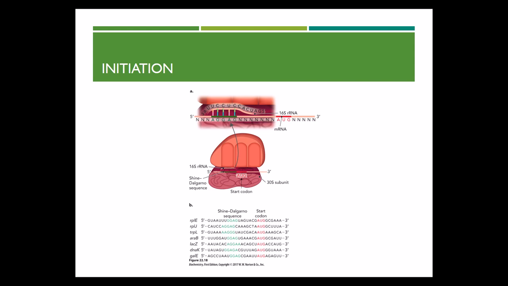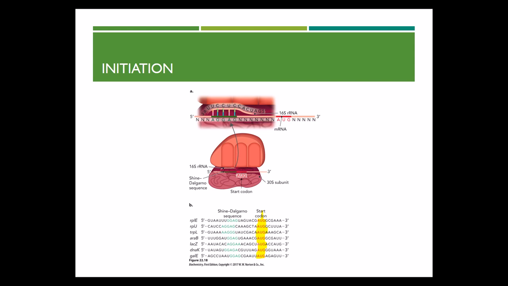This transfer RNA does not recognize other methionine codons that occur elsewhere in the coding sequence of messenger RNA. Therefore, AUG is a very specific codon that signals the start of protein synthesis.